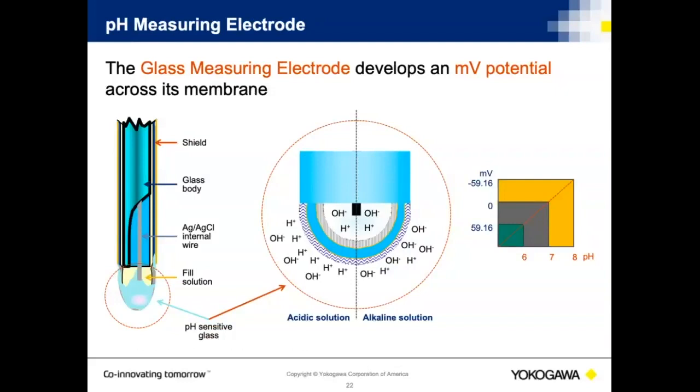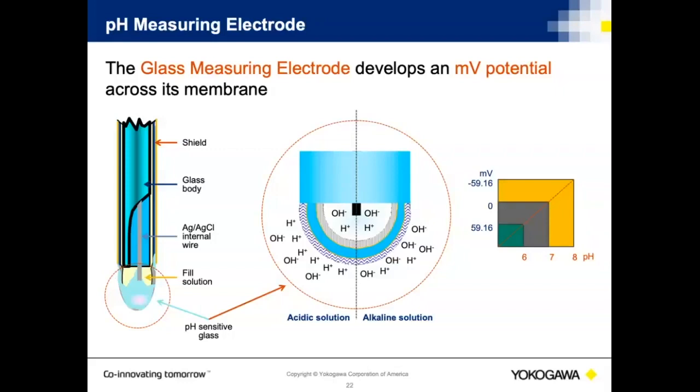That membrane then puts out 59 millivolts per pH unit, depending again on the temperature. So the more hydrogen ions, the higher the output of the electrode, positive. If I go the opposite direction, if I lose hydrogen ions, then I lose them at a rate of 59 millivolts per pH unit.